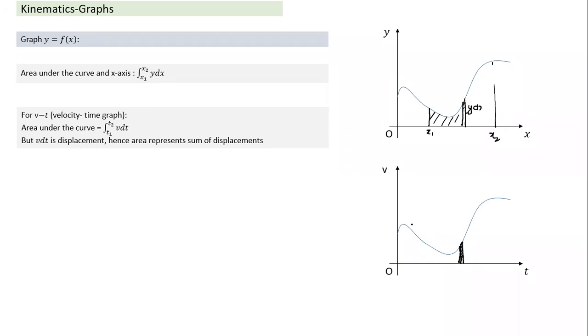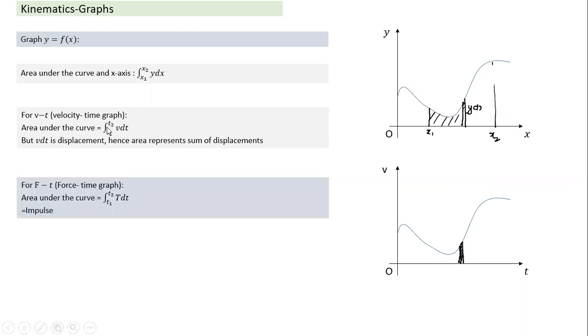So whenever two quantities are there, the product of the two may mean a third physical quantity. The area under the curve will be equivalent to a third physical quantity, which is the product of these two. In this particular case, v dt is displacement. Hence, area represents the sum of all displacements. Between T1 and T2, this indicates a small elemental displacement. If I integrate between two limits T1 to T2, it will give you the displacement between time interval T1 to T2. The sequence is T1 is earlier, T2 is later.